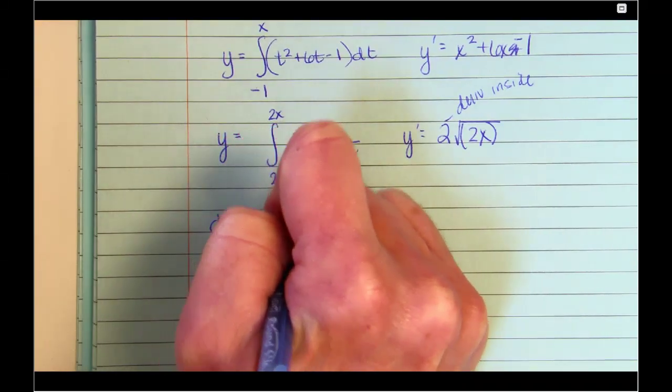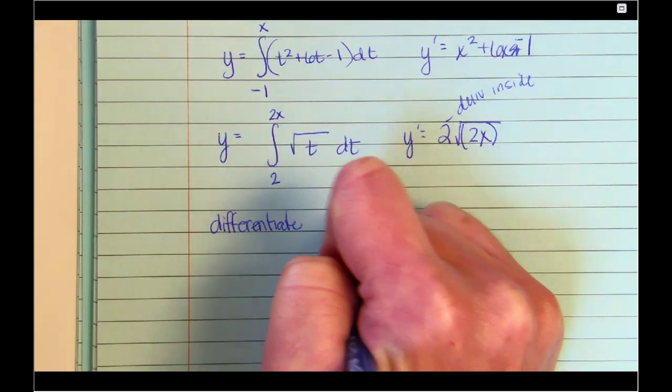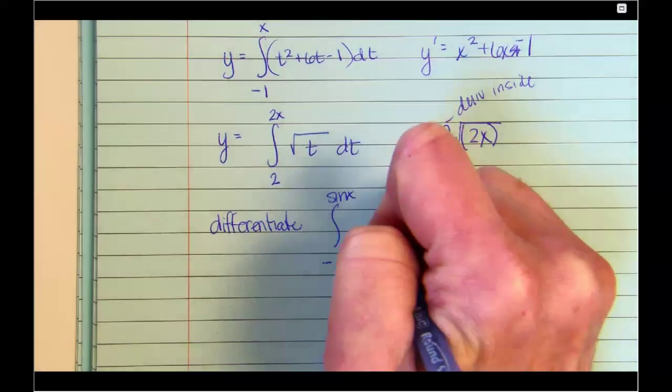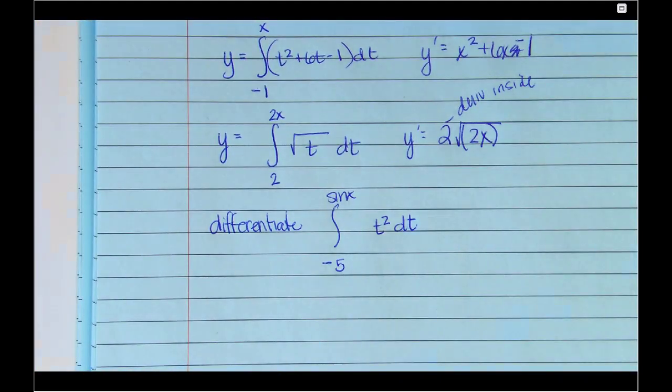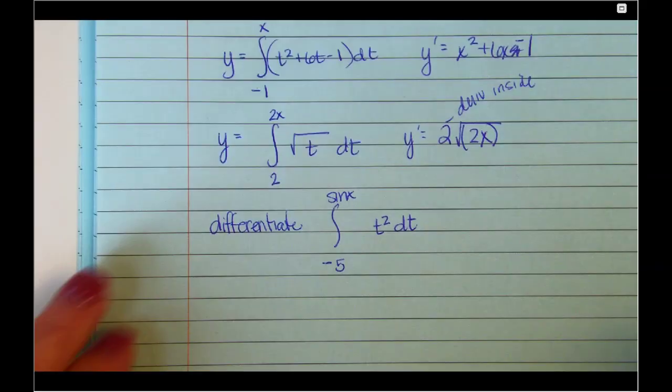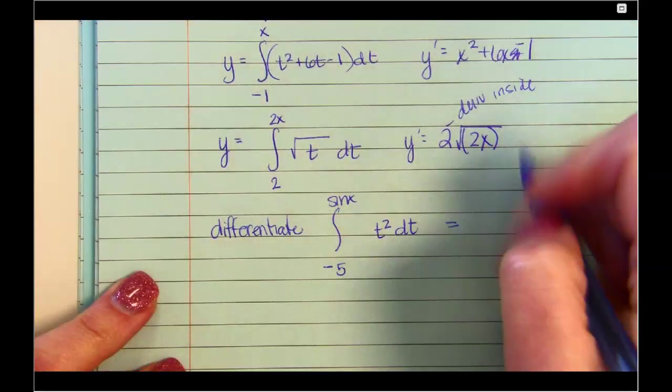I want you to differentiate the integral from -5 to sine x of t squared. So sine squared, right?